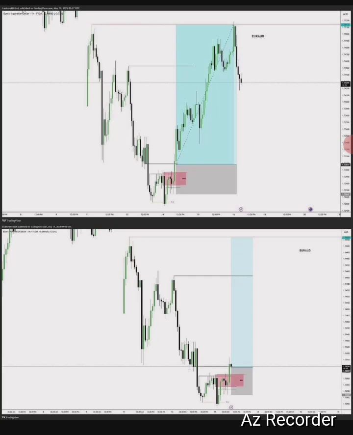From the previous chart, the supply zone around 1.7460 is still intact but not yet reached in this time frame.